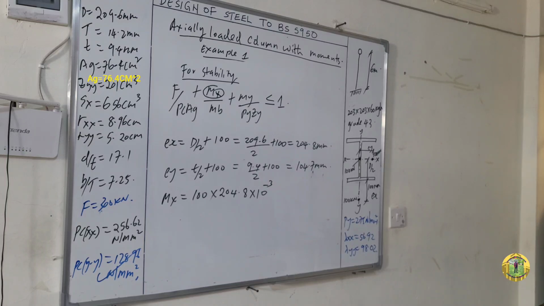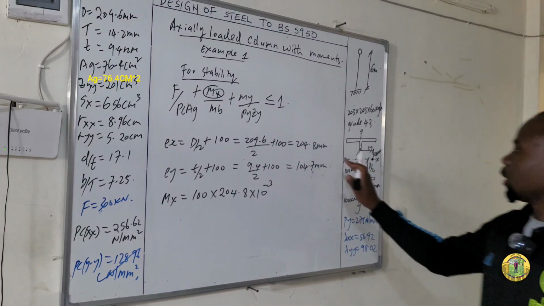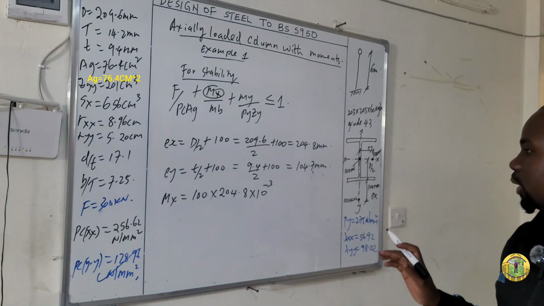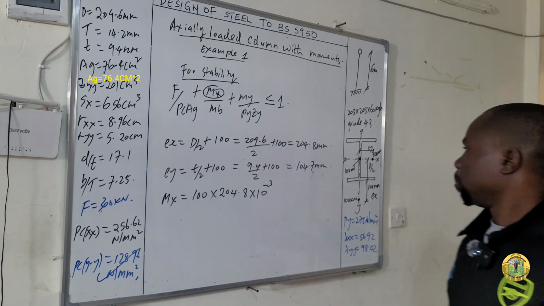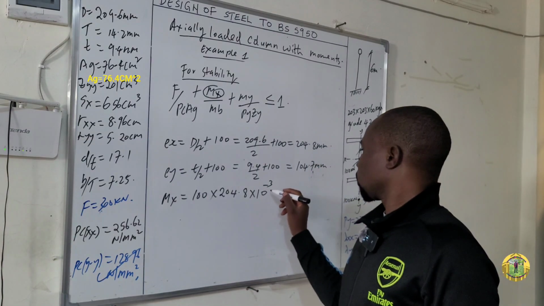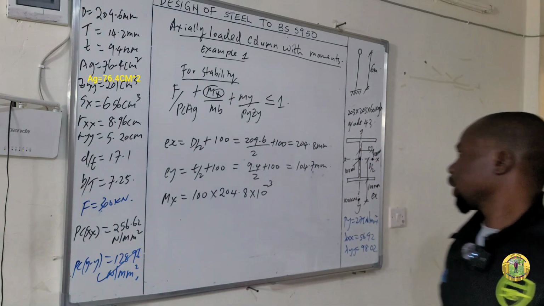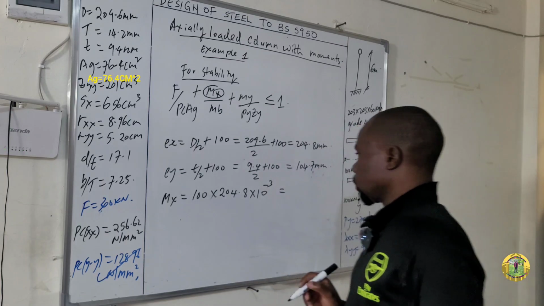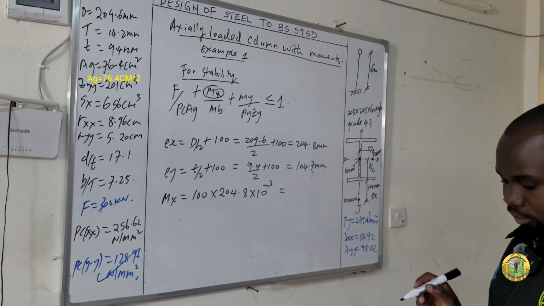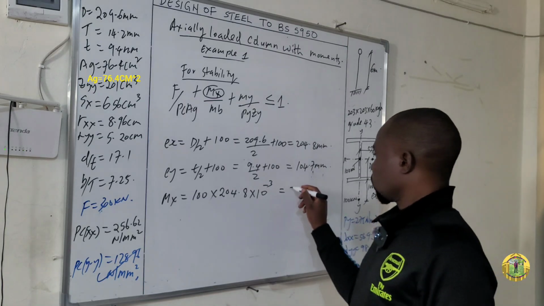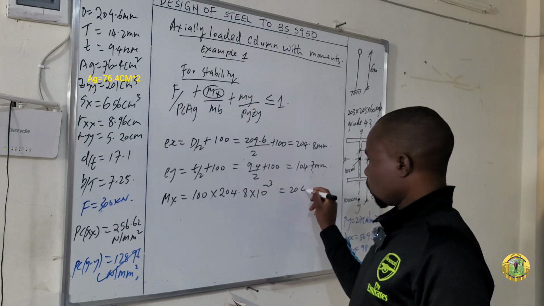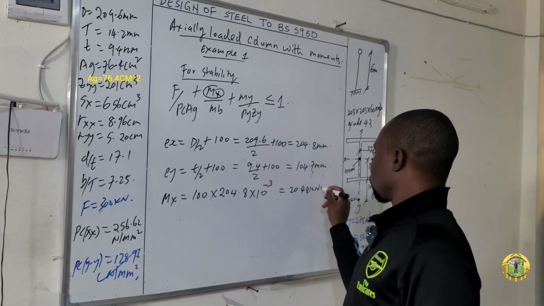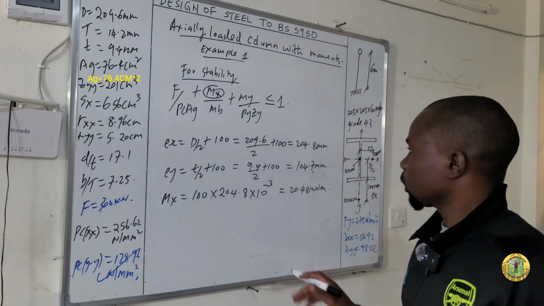Because this is in millimeter and we want our answer in kilonewton meter. So you'll multiply by 10 raised to power negative 3 because 1 meter is equal to 1,000 millimeter. So if you multiply, you'll get 20.48 kilonewton meter.